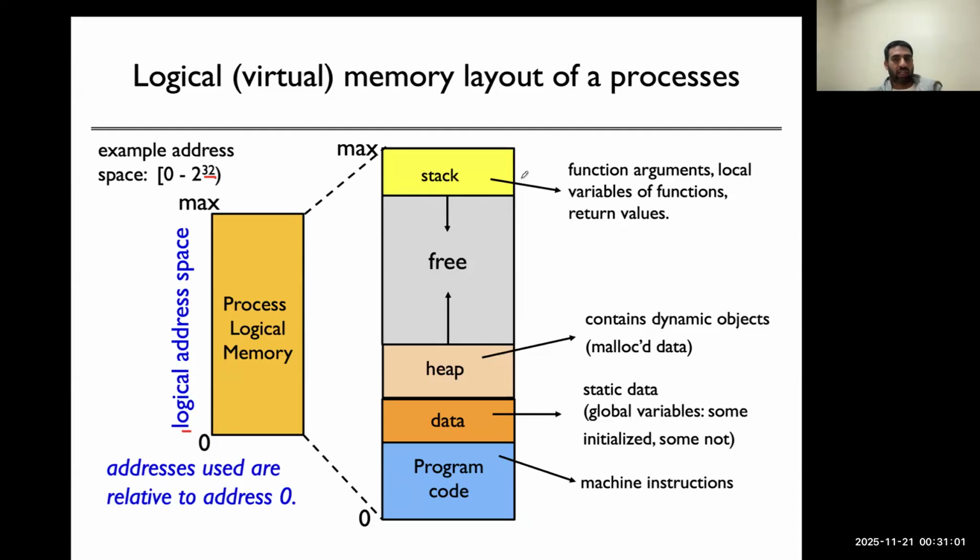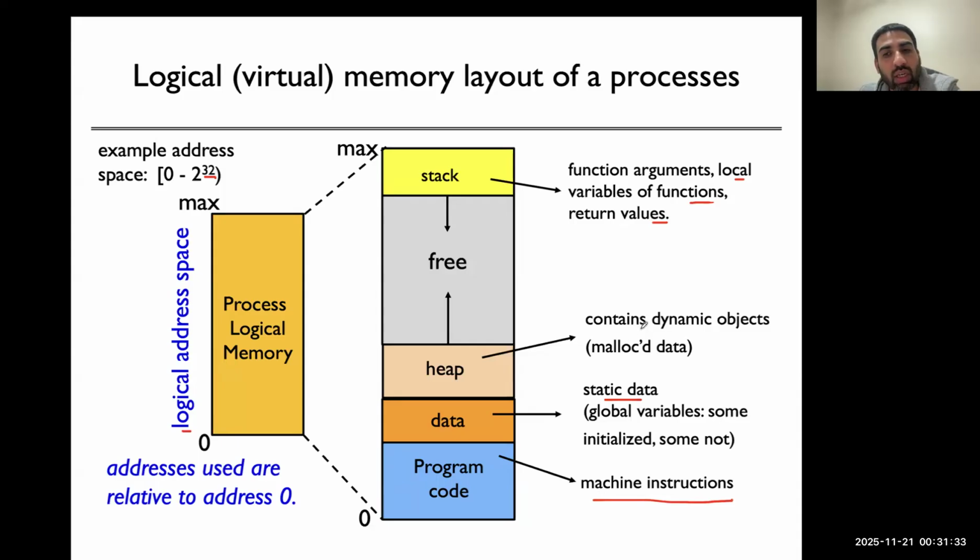We have seen this division of memory layout in one of the previous lecture slides. The stack is the section you use to hold function arguments, local variables of a function, or return values. Program code holds your instructions. The data section holds the static data, both initialized and uninitialized.